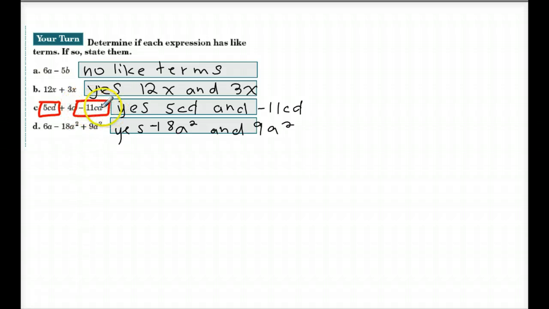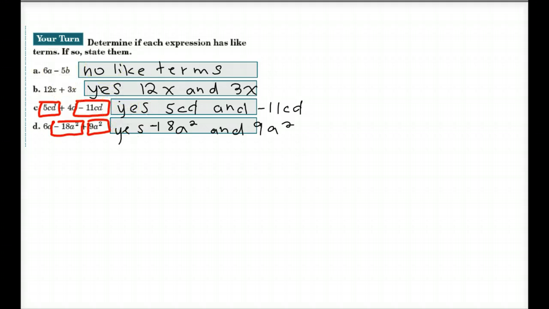So we have 11CD, and we have to take into consideration this sign that's before it, which makes this actually negative 11CD. So same thing for D. I took into consideration the sign before my 18a squared, which is a subtraction sign. So that makes this a negative 18a squared. And I also have a positive 9a squared. And this will make more sense why we do that in the next couple of pages.